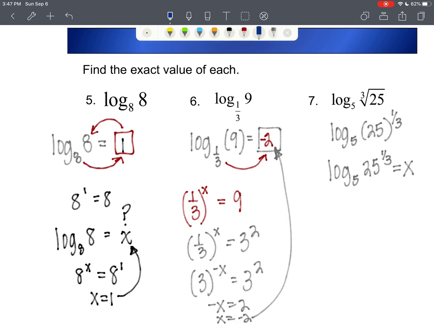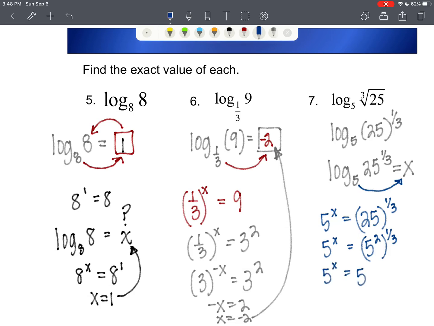So the reason I'm going to put equals x is because it's going to help me say, okay, well, 5 to the x is equal to 25 to the 1/3 power. And 25 is the same thing as 5 squared. And then 2 times 1/3, power to a power rule, is 2/3. So x must equal 2/3.